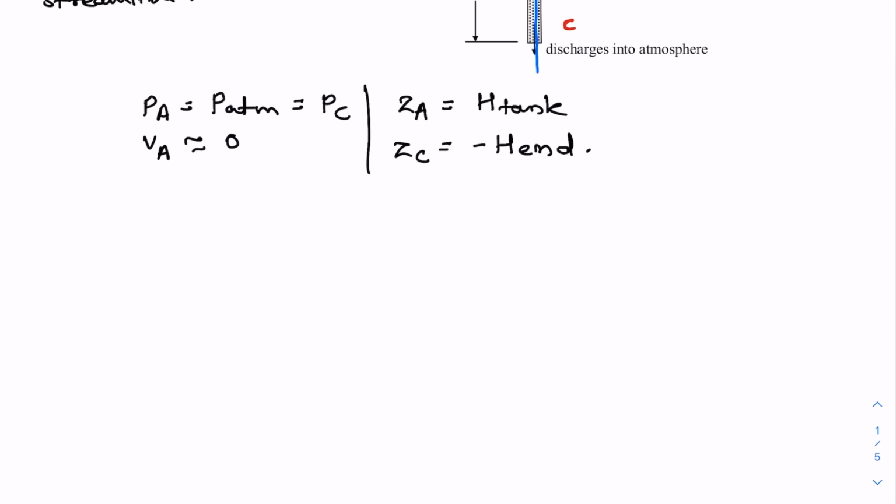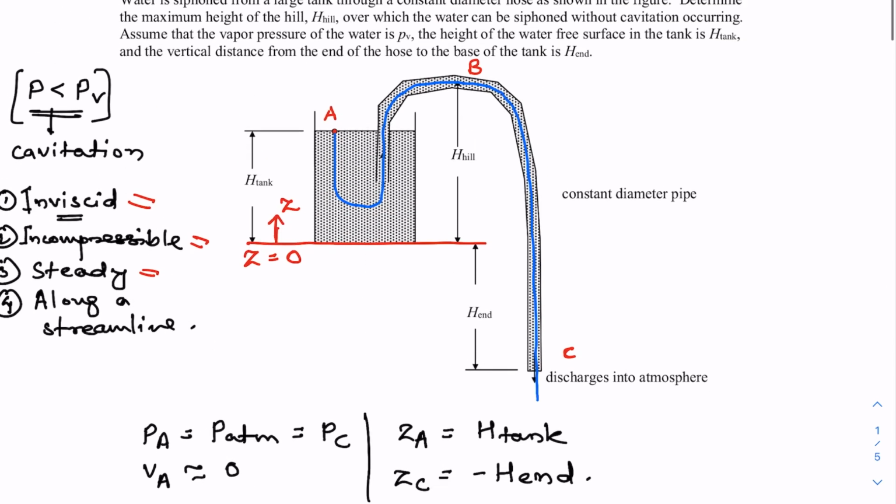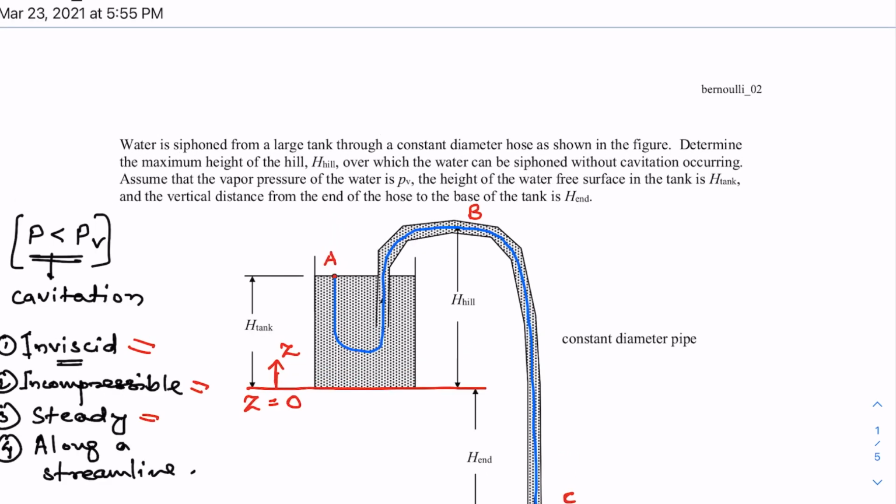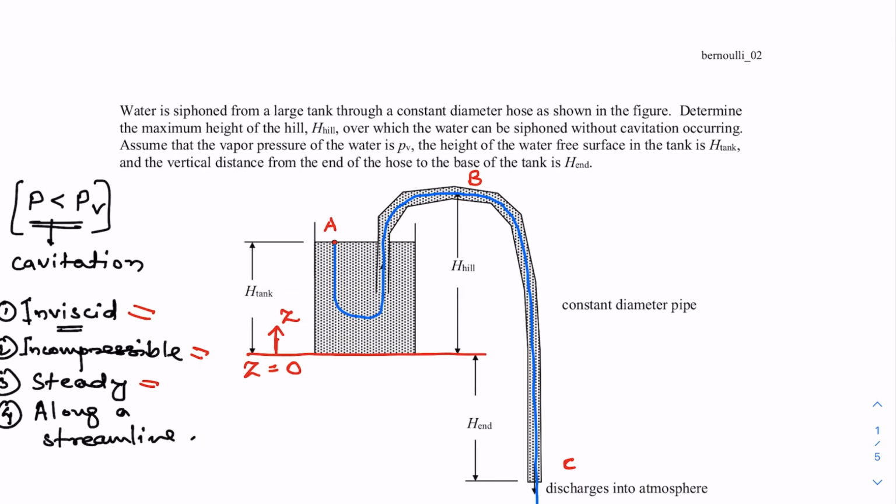And at point B, the pressure we will assume it to be vapor pressure because we are trying to find out when will cavitation occur, at what height H hill the cavitation will occur.